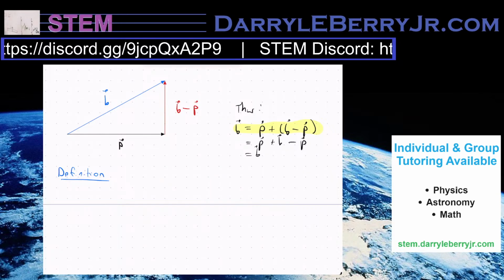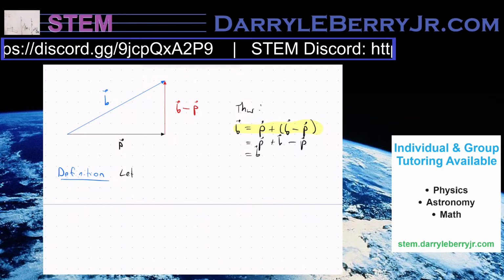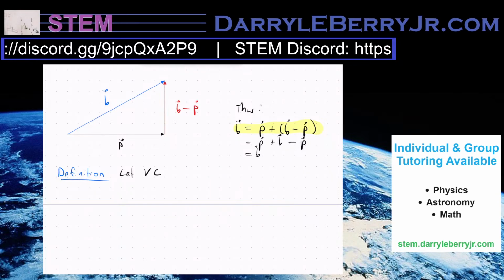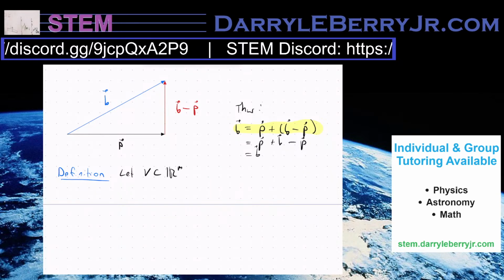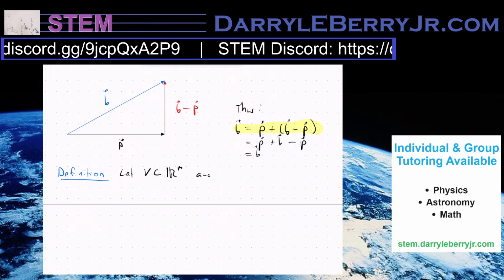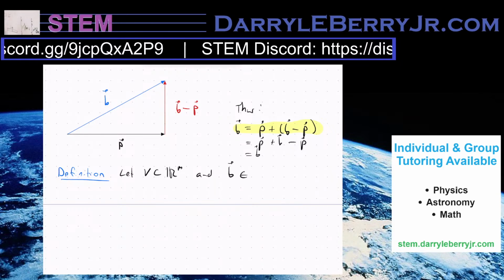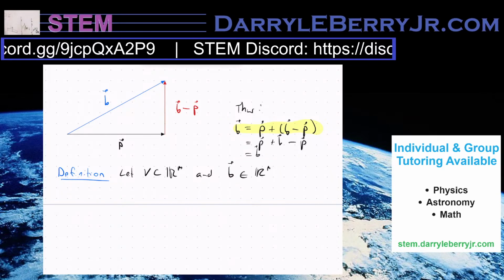Definition. Let V be a subspace of Rm and B be in Rm.